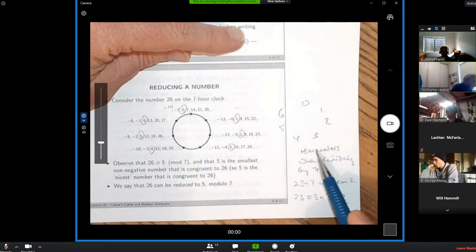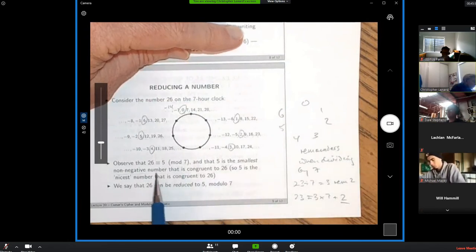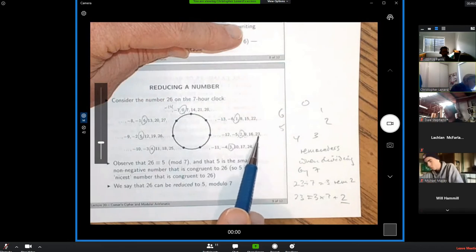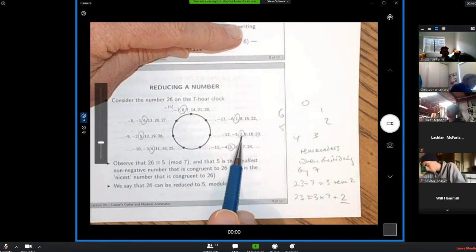So you can think of it either as what remainder you get when dividing by 7, or what's the smallest non-negative number that's congruent to it. If we've got 23, what's the smallest non-negative number that's congruent to 23? Well, it's 2.